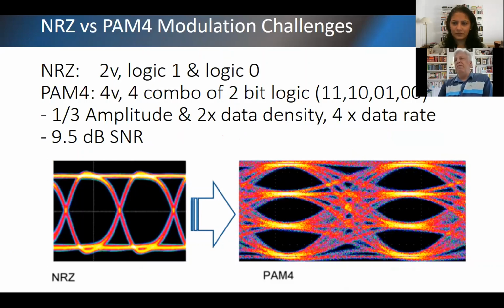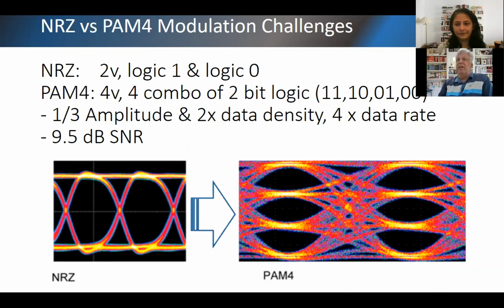So now you have four different levels of data that you can send instead of 2. Instead of just a discrete on or off, now you've got multiple signals you can send down the same data pipe. So it's allowing you twice the density and up to 4 times the rate.